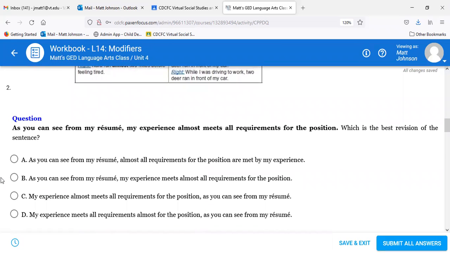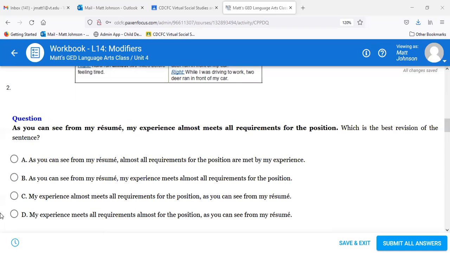And question 2. As you can see from my resume, my experience almost meets all requirements of the position. So our first choice, A, as you can see from my resume, almost all requirements for the position are met by my experience. Option B, as you can see from my resume, my experience meets almost all requirements for the position.